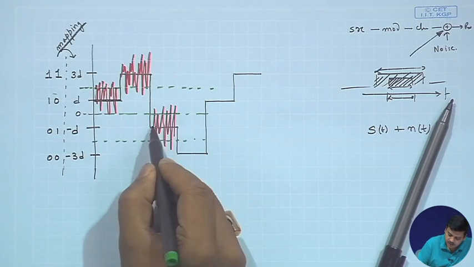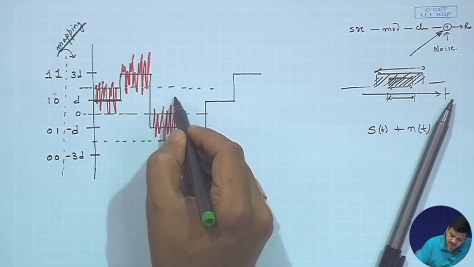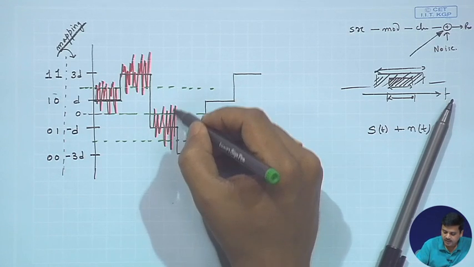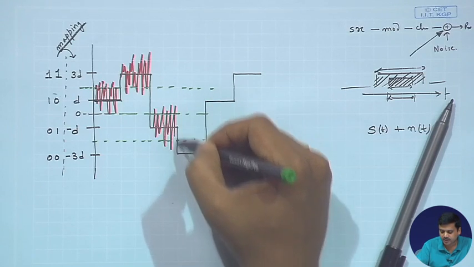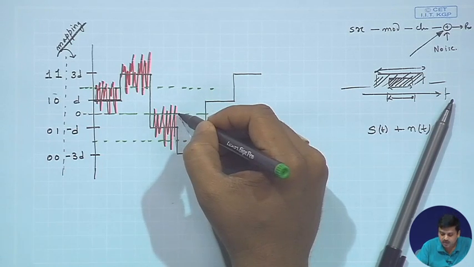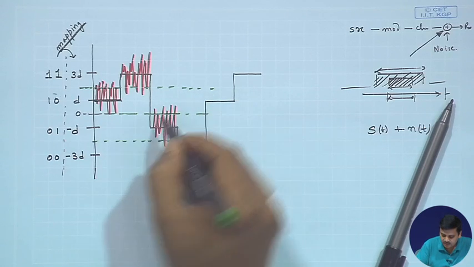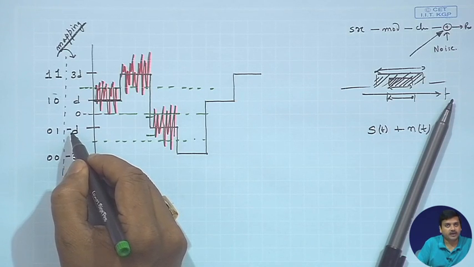Similarly, here you have sent minus D, however, it could be detected as plus D or it could be detected as minus D, depending upon whether noise has shifted this level in the upward direction or downward direction beyond the threshold. If noise is restricted to within this level, in that case minus D would be detected as minus D.